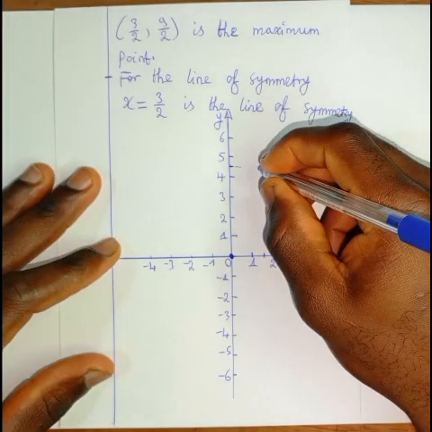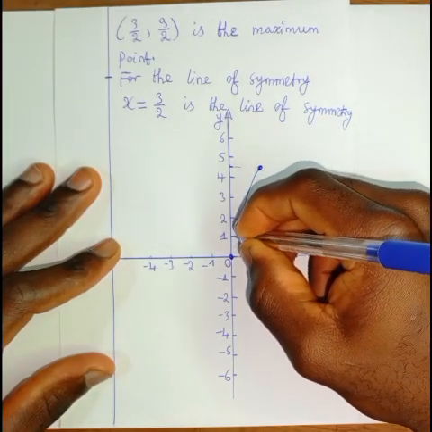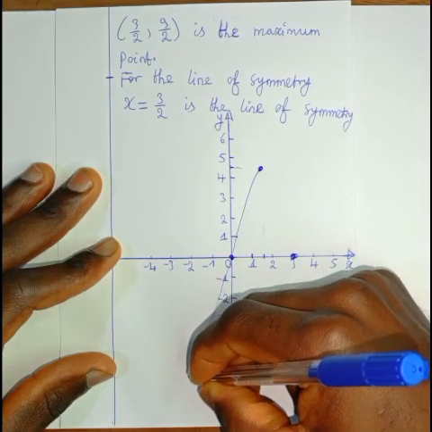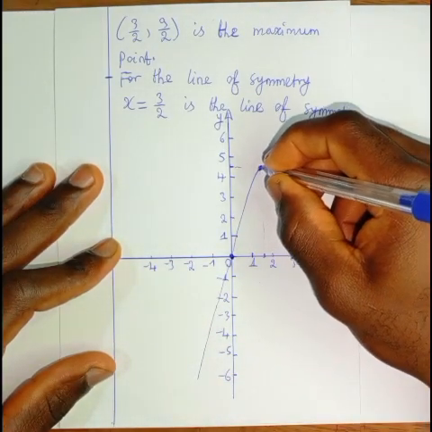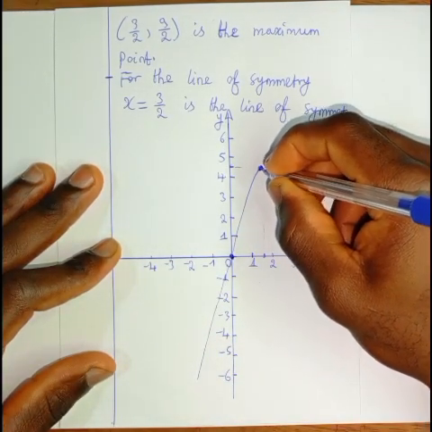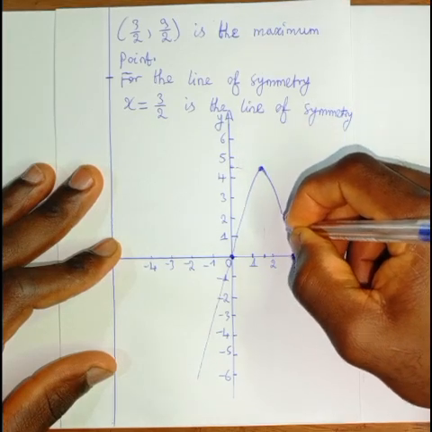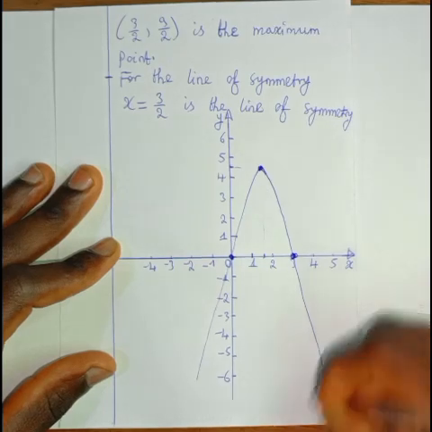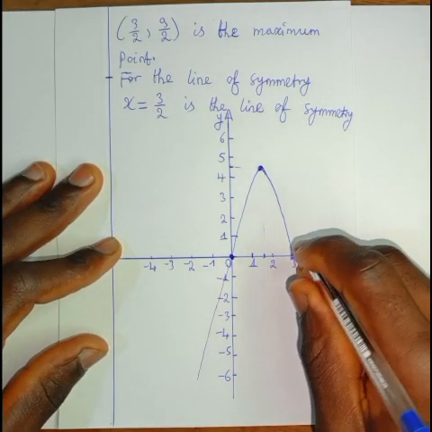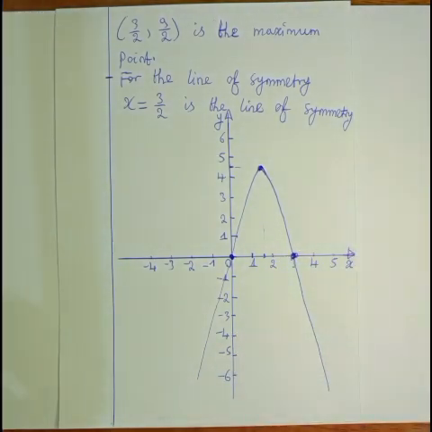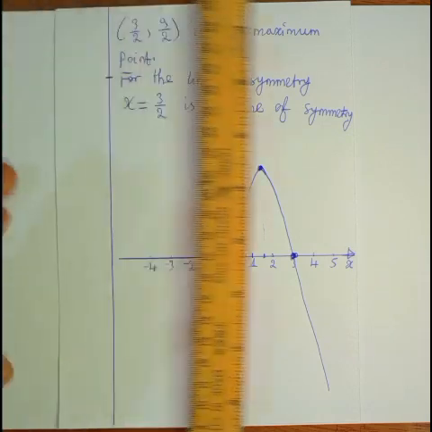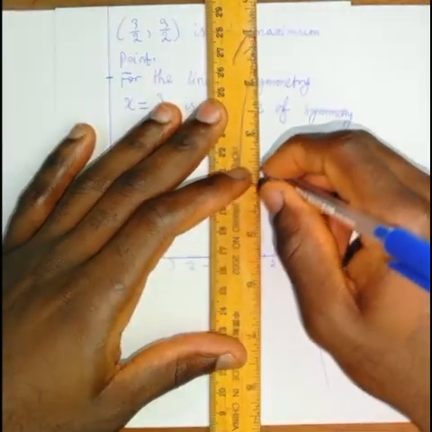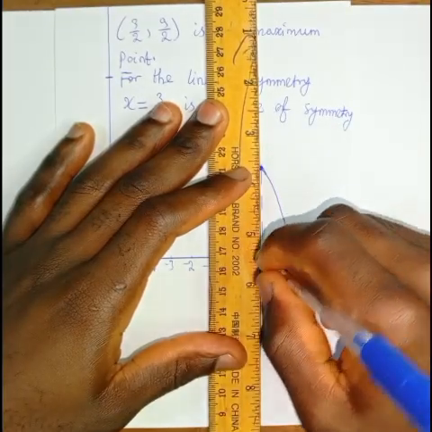For the curve, we need to have something like this. It goes down, goes here, then it goes down. So now we need the line of symmetry. We know the line of symmetry is simply x equals 3 over 2, drawn with broken lines.